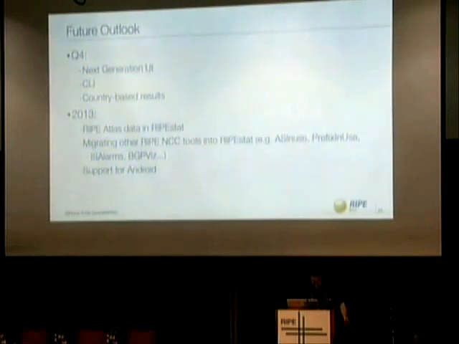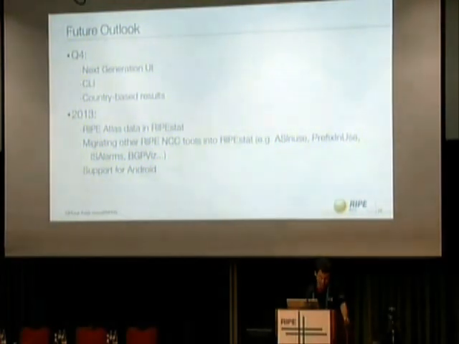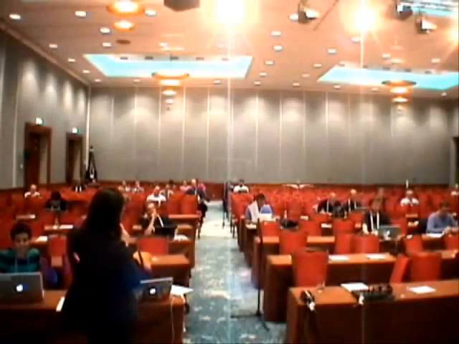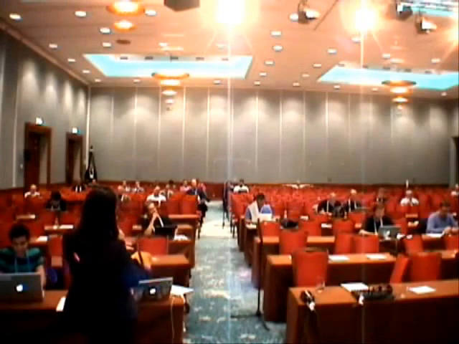Another thing that we are going to ask in the anti-abuse working group. Right now we are very, very careful in showing you the abuse contact information that we find in the RIPE database, because it's quite difficult to do that in the absence of an actual standard for recording this information in the RIPE database. So we can only guess.